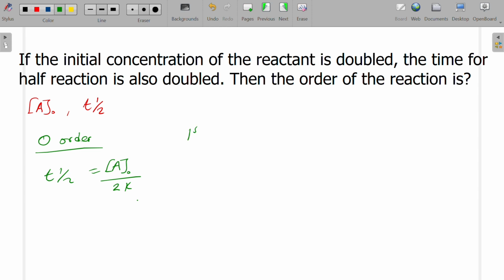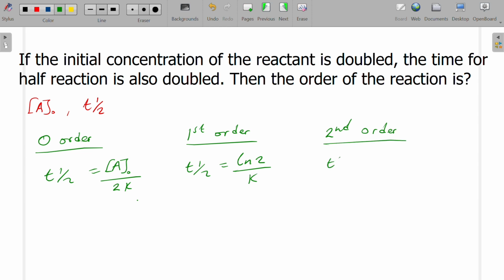Then for first order, our half-life is given as T half is equal to natural log of 2 divided by K. And then for second order, our T half is equal to 1 over K multiplied by the initial concentration of A. So those are the three half-life equations we have, starting from zero order, first order, and second order.